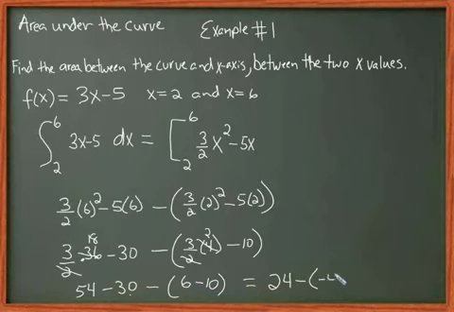So that's going to be 24 plus 4, which is 28. So the answer is 28 square units. And here they didn't indicate the units, so that's going to be 28. Okay, so those are all the steps that we have to do for this problem.